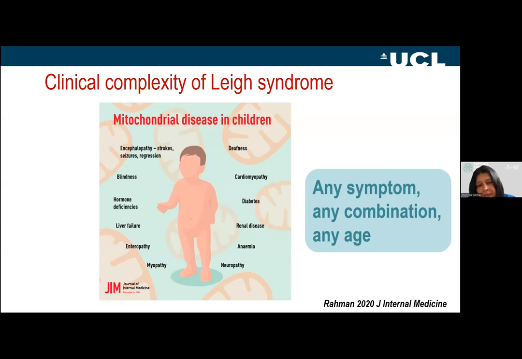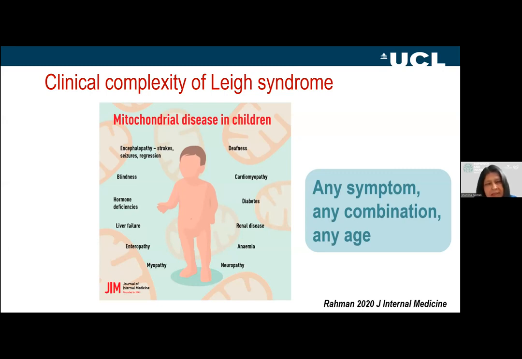But we do know that in addition to the neurological problems, there can be problems in other parts of the body, such as the heart, kidneys, diabetes, anemia. And really, it's been said that mitochondrial disease can present with any symptom in any combination, affecting any organ or combination of organs at any age, and that also applies to Leigh syndrome.